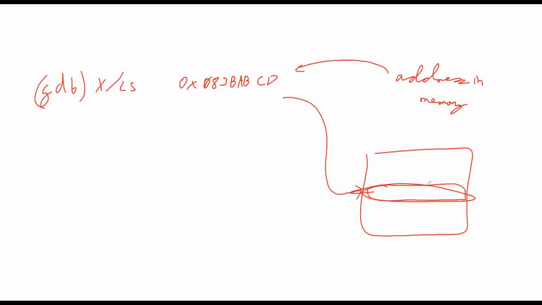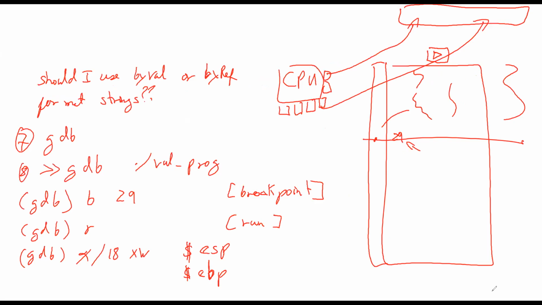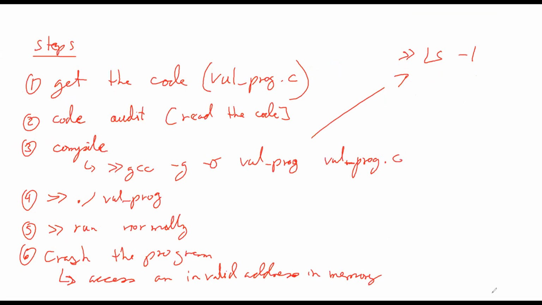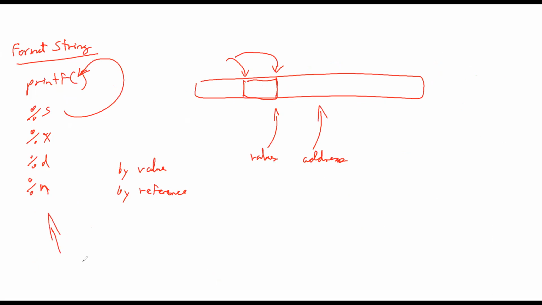So you have to play with these, because some of them read the data by value, some of them read the data by reference. That's important because sometimes you just want to get the value in memory, sometimes you want to get the address in memory, sometimes you want to read whatever that address is pointing to.